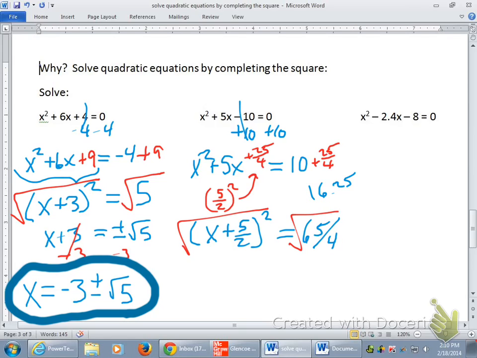Square root, square root. X plus 5 halves equals whatever the square root of this is, which actually we would really be in good shape on this technically.